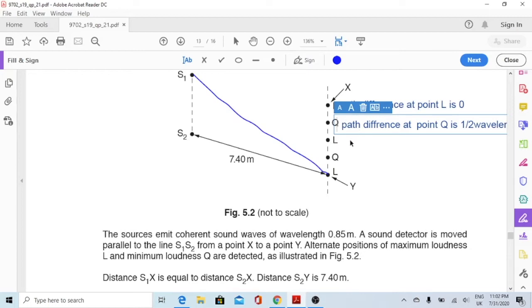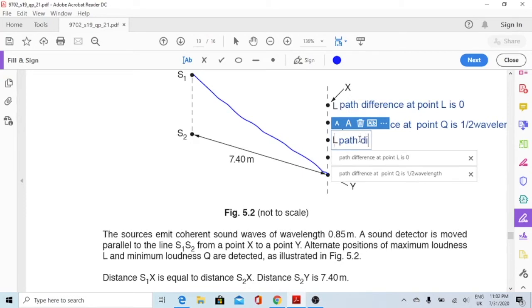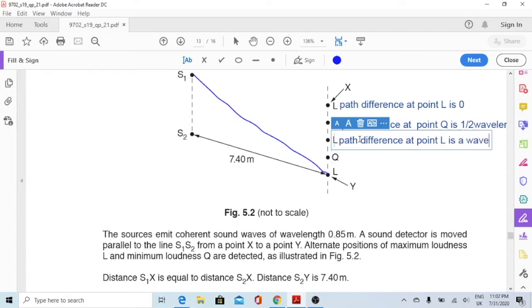Now again, L is a maximum point, so I'll write over here path difference. Basically path difference is nothing but extra distance traveled by the sound wave from some source. So path difference over here will be equal to one wavelength, and again Q is at minimum loudness.